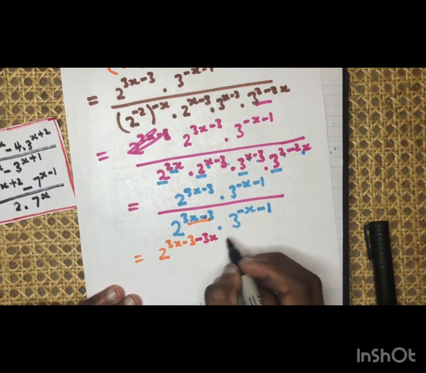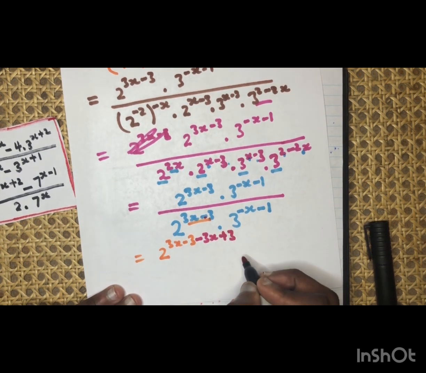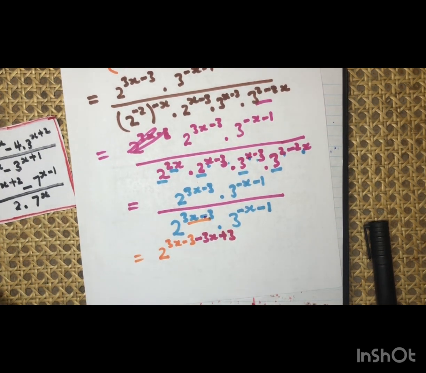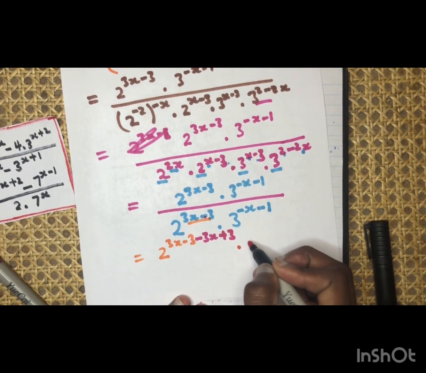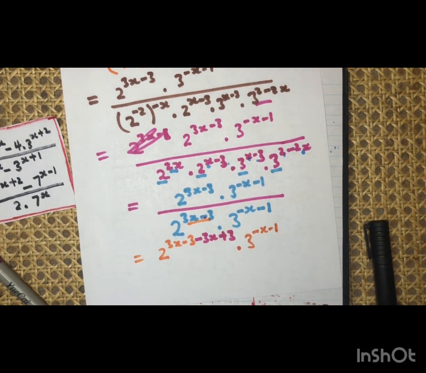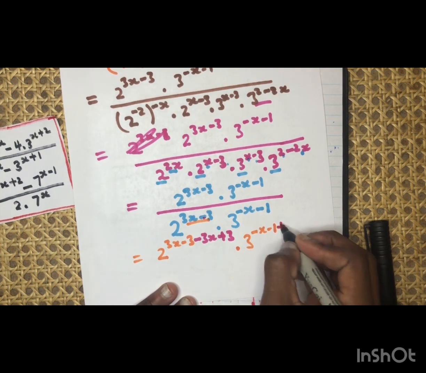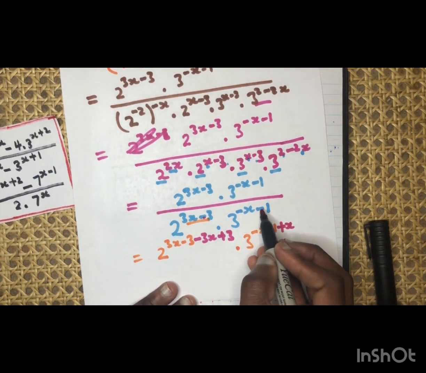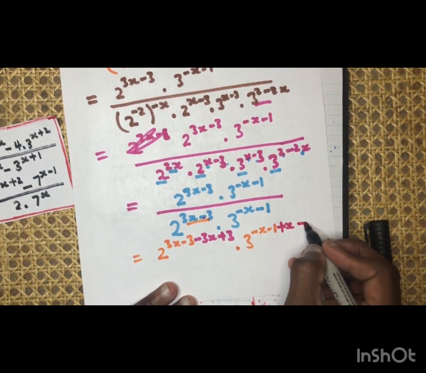I was having negative 3, now it's going to be positive 3. So are we together? Now we have again 3 minus x minus 1. Remember, we were having here, guys, negative x. So if we take negative x to the top, the sign is going to change to plus x. We're having negative 1, the sign is going to change to plus 1.